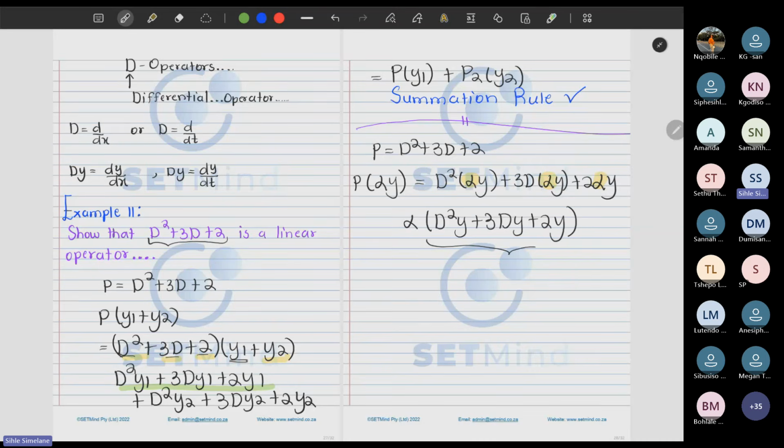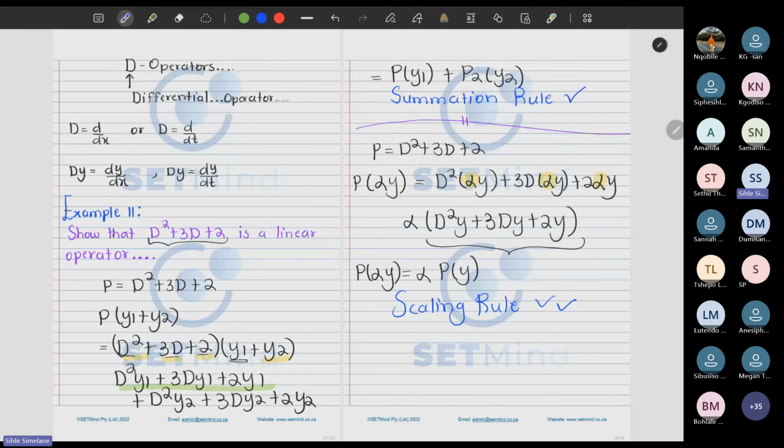And this here just becomes P of D. So it means P of alpha y will now become alpha times P of y. So this means that the scaling rule here has been met.